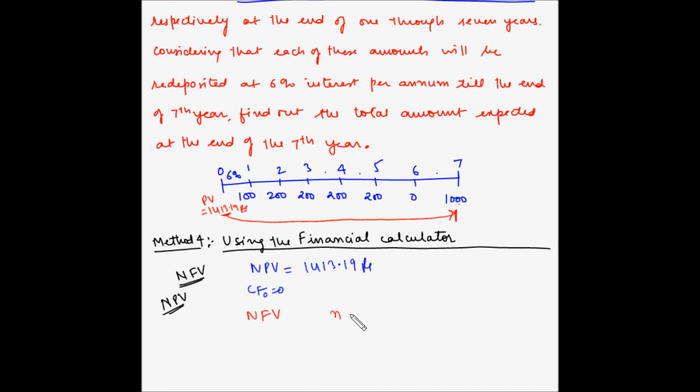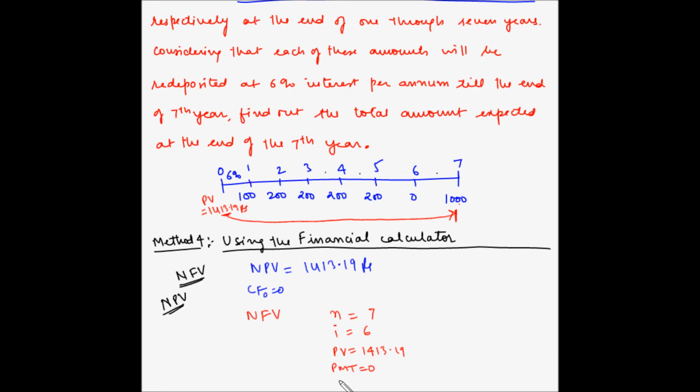First is N, which is the number of periods, which in our case is going to be 7. I, which is the rate of interest, which is 6%, so 6. PV, which is 1413.19. Payment, which is PMT, which in this case is 0 because we are only considering the lump sum.